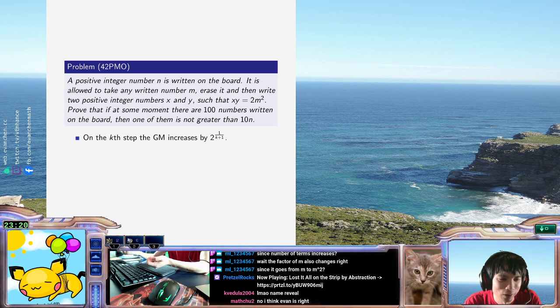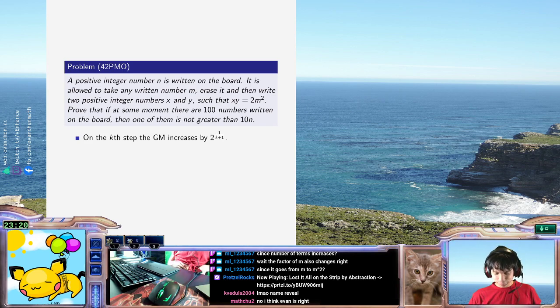Should I just look at the product? Just straight up product? Like the product of all numbers increased by... No, I want... I gotta be careful here.